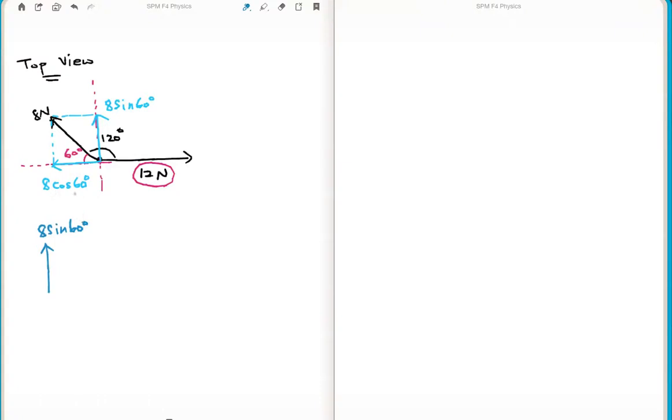Now, 8 cos 60, if you have a calculator, that would be half, so it's 4 Newton. How am I so fast to find 4 Newton? Because I know this is actually 8 times half. That's why it's 4 Newton. 4 Newton to the left, 12 Newton to the right, therefore the net would be to the right, 8 Newton.